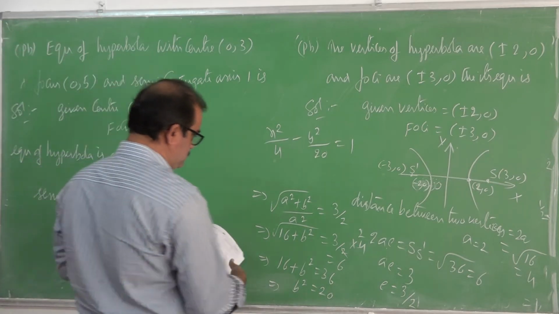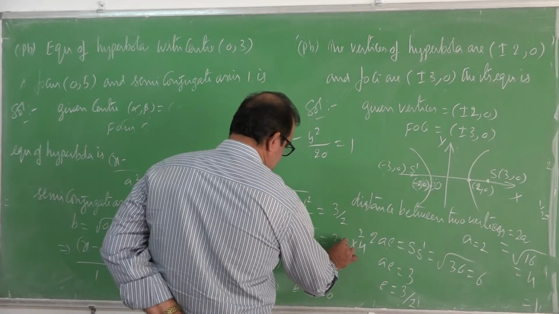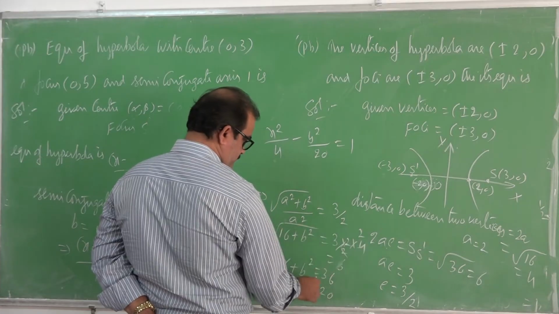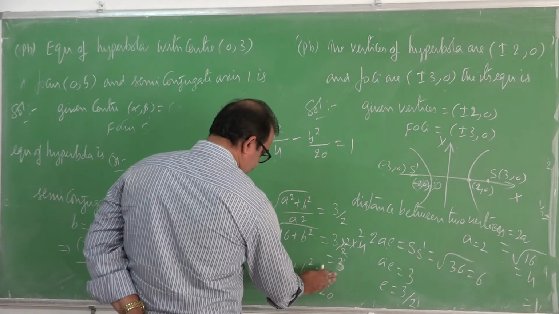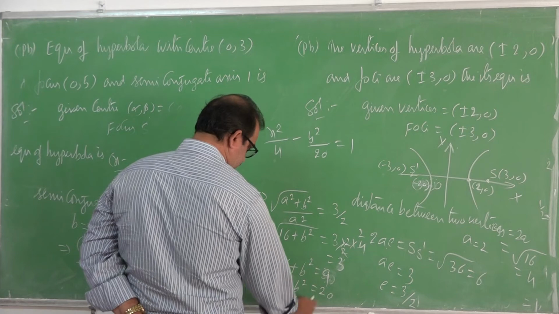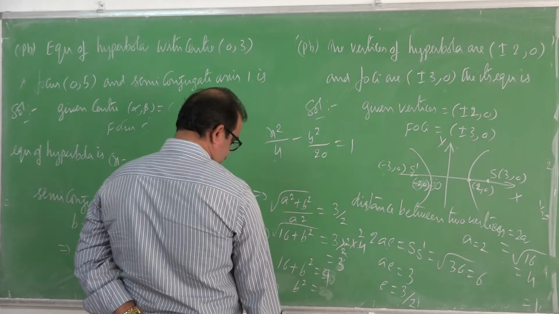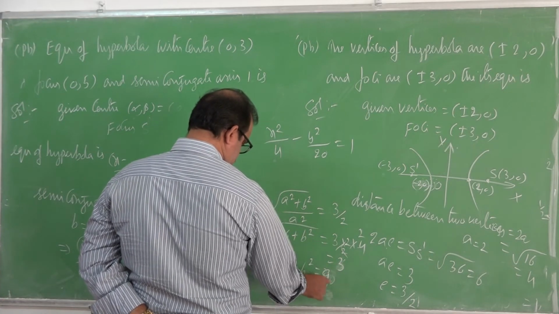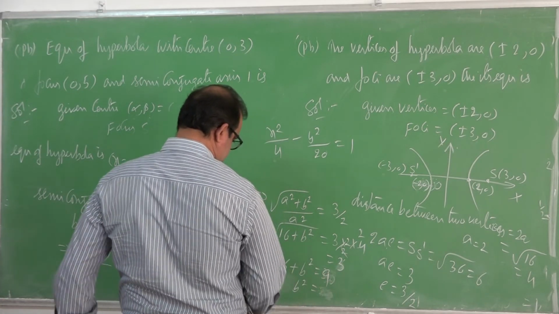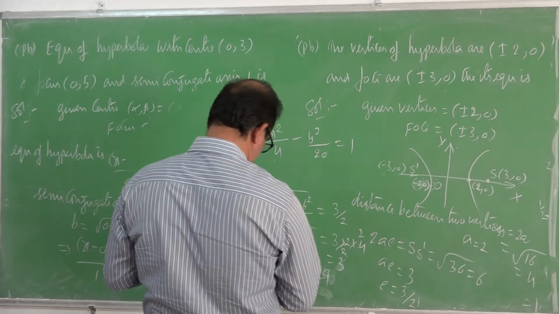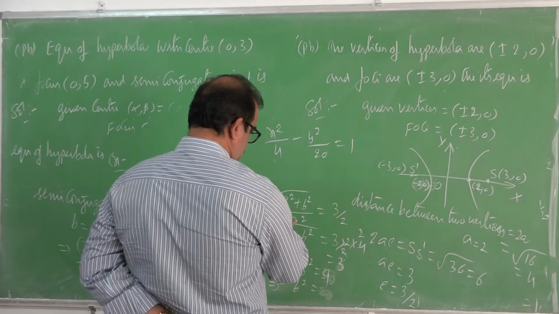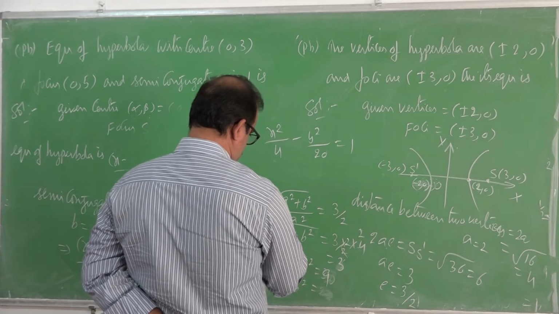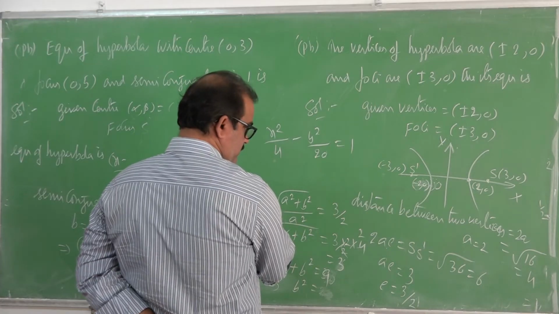Here the a value is 2. Root a square is a, but a is 2.